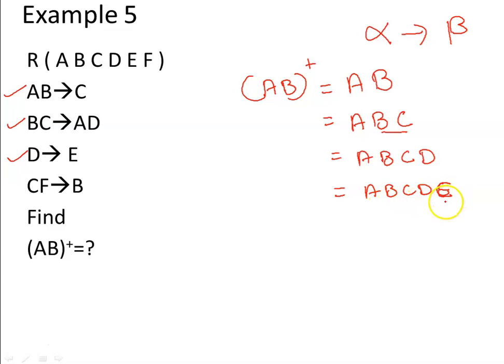We have C but we don't have F. So the closure on AB is A, B, C, D and E.